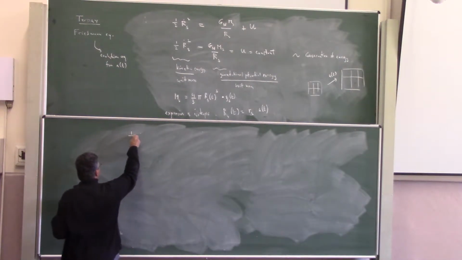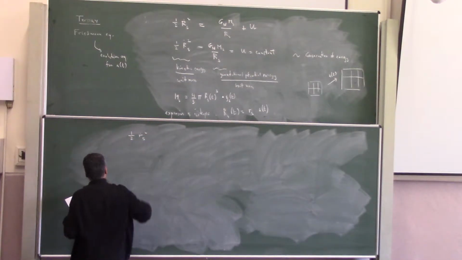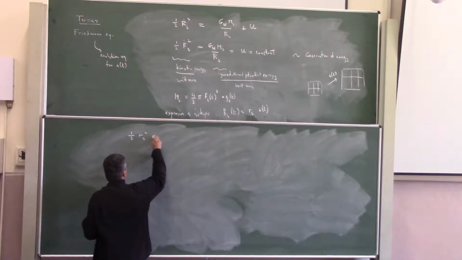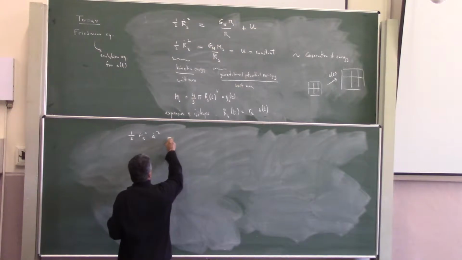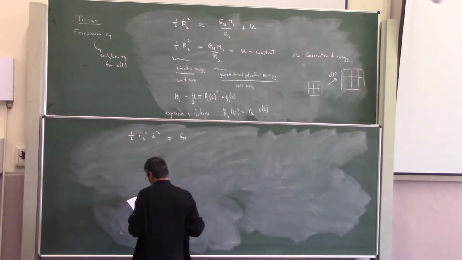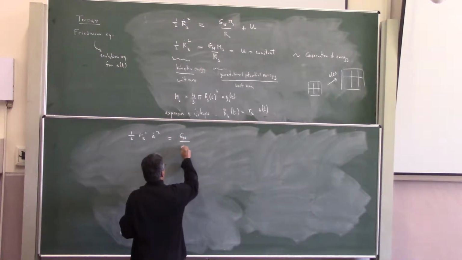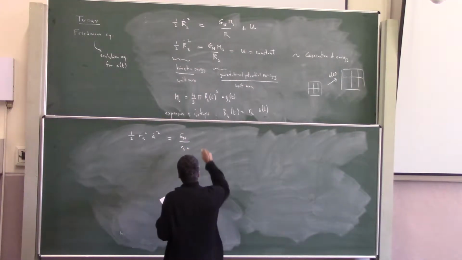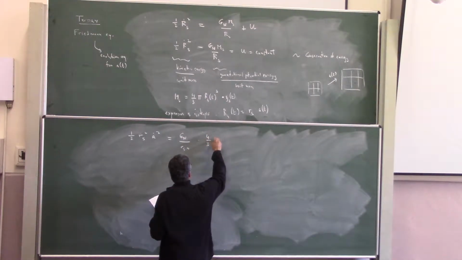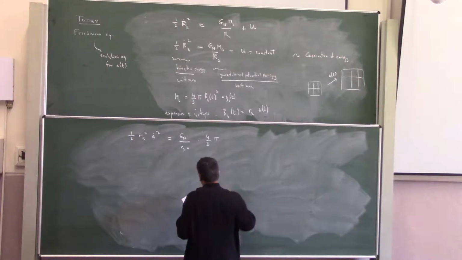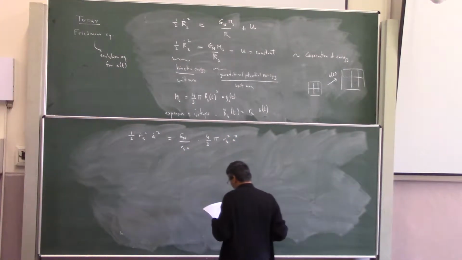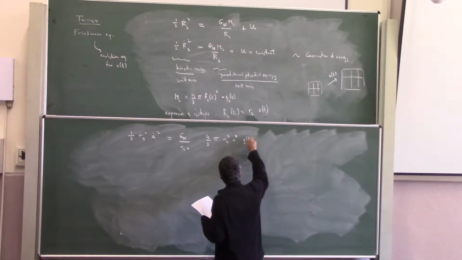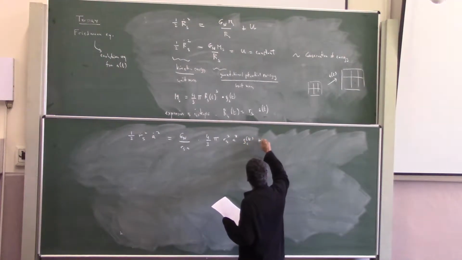So we have 1/2 Rs squared A dot squared, and this will equal G Newton over Rs times A times 4/3 pi Rs cubed A cubed times rho of t, plus u.